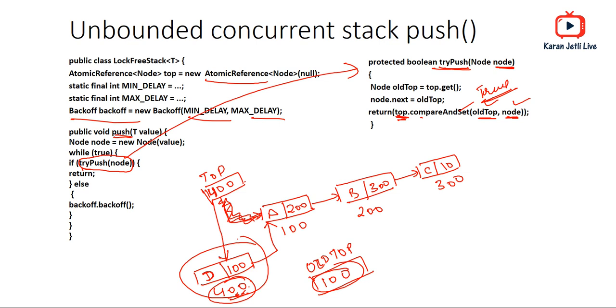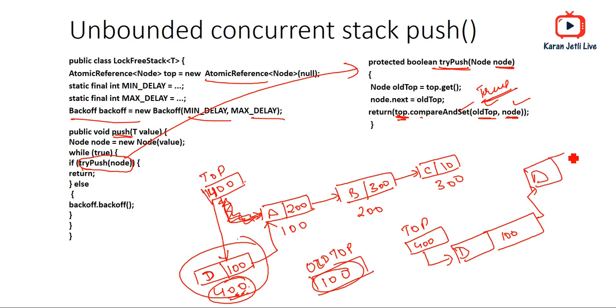So after insert, this is how my linked list looks, or this is how my stack looks. 400 points to D, and D points to A, and A points to B, and B points to C. Okay, so what is the address of D? 400.